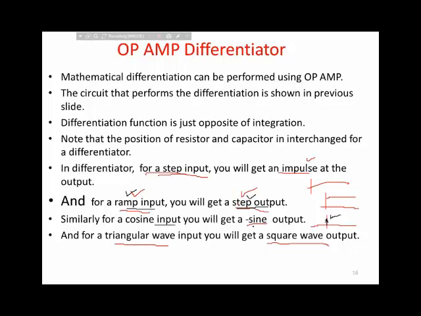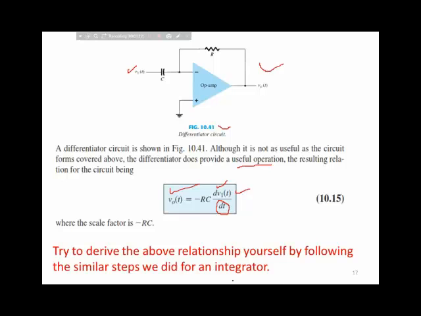Similarly, for a cosine at the input, you will get a minus sine at the output. And for a triangular wave at the input, you will get a square wave. So this is a differentiator circuit in which you will get an output that is the derivative of the input.